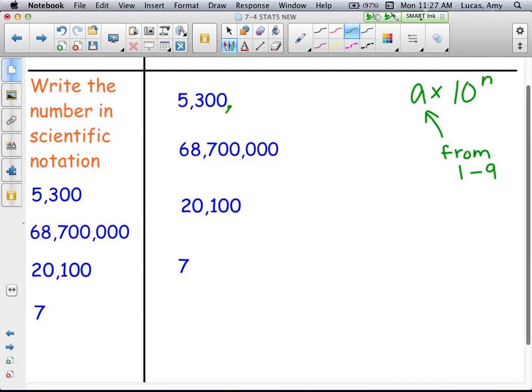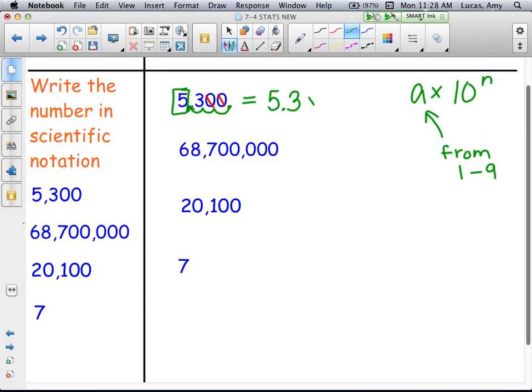So I need to move it over 1, 2, 3 spots here, because I can only have a number from 1 to 9 for my value for a. So now I've moved the decimal point over so that it's between the 5 and the 3. I don't have to write these trailing zeros now.